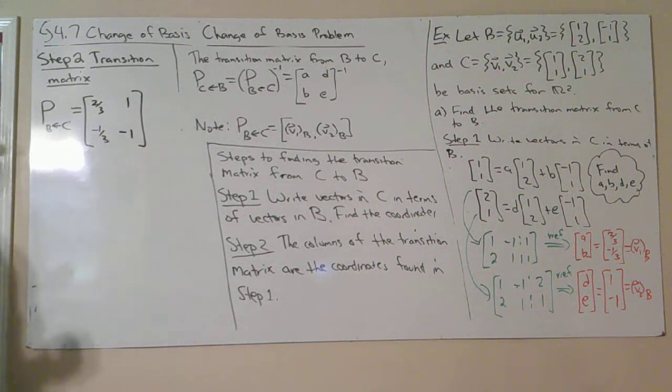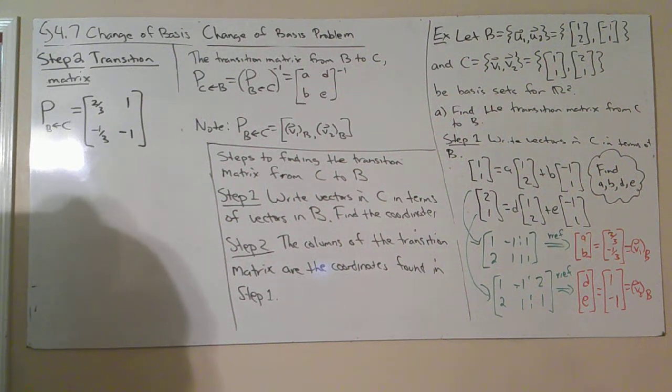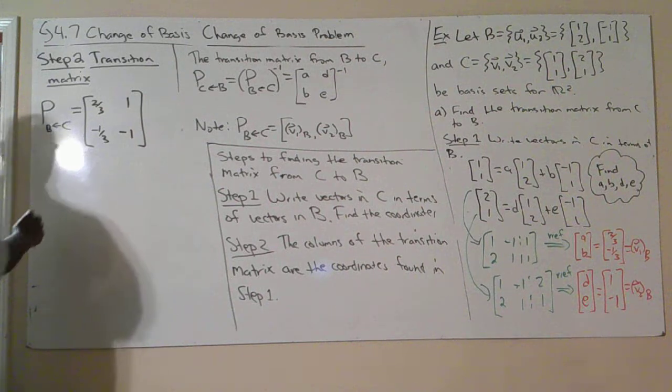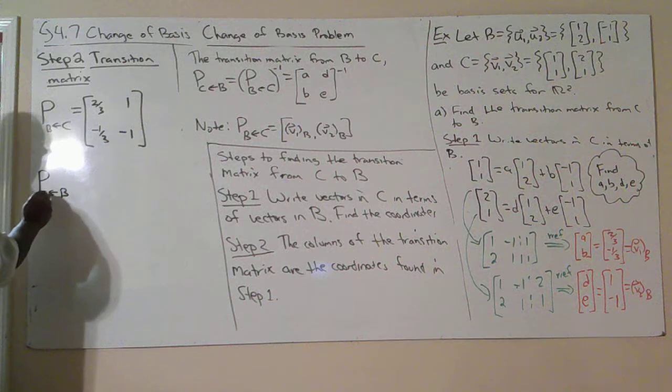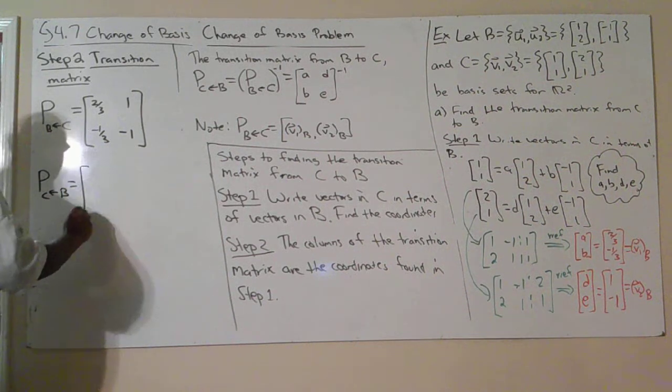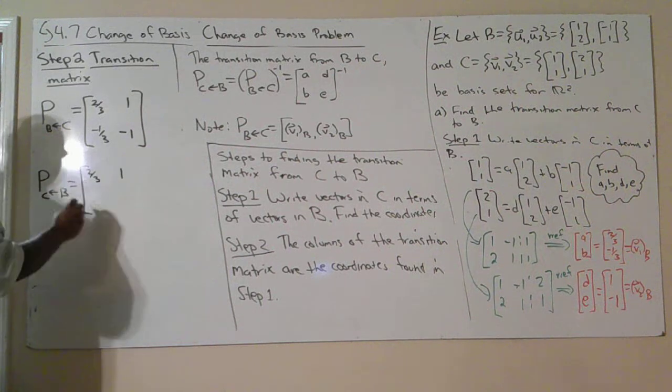So this is our transition matrix from C to B. If I want to, I can find a transition matrix from B to C by taking the inverse. So let's do that, B to C. That'll be the inverse of the one we just found, the transition matrix from C to B.